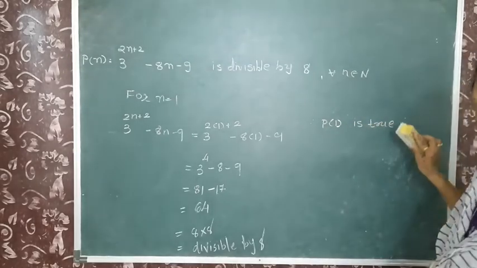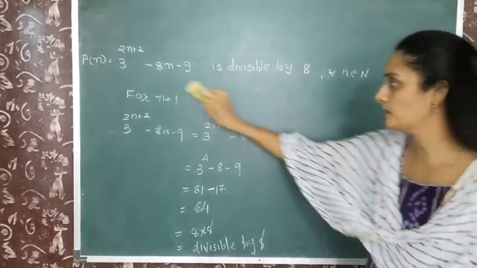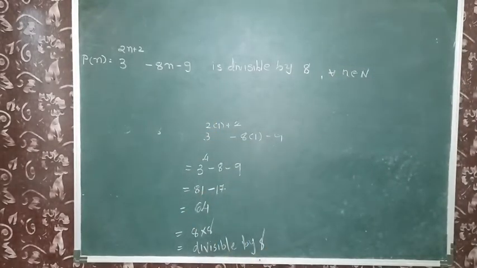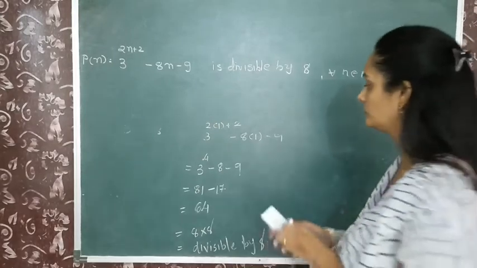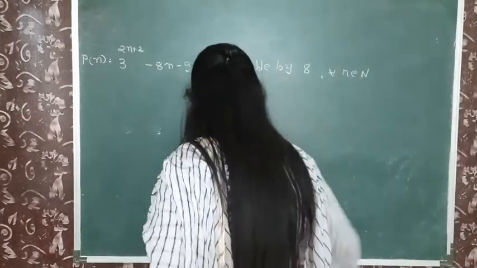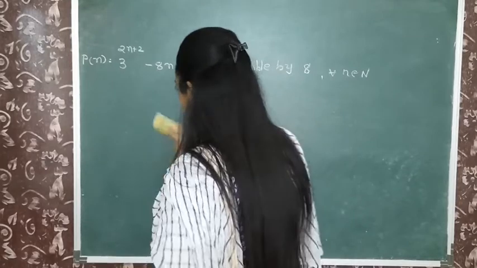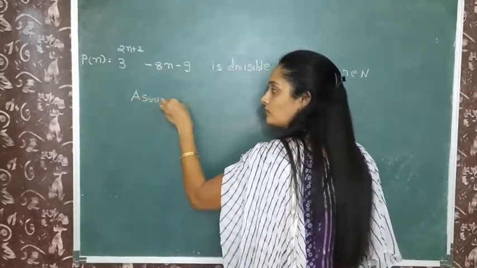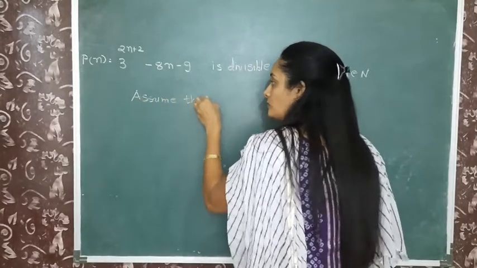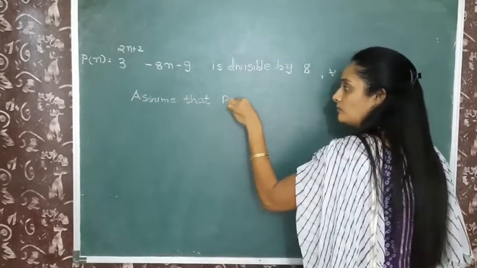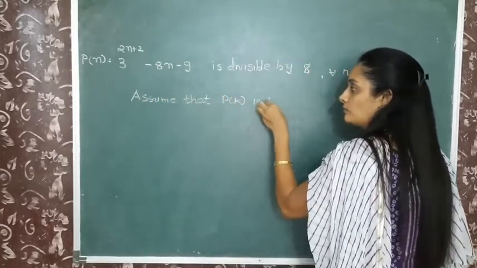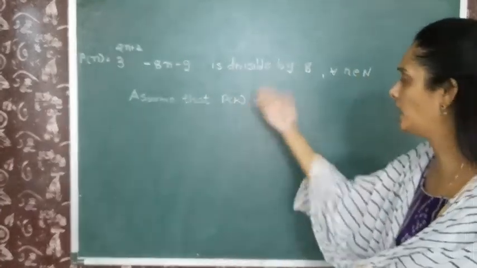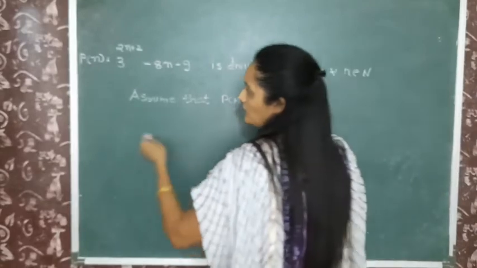Now we assume that P of k is true. That means the given statement is true for any k, where k is a natural number.